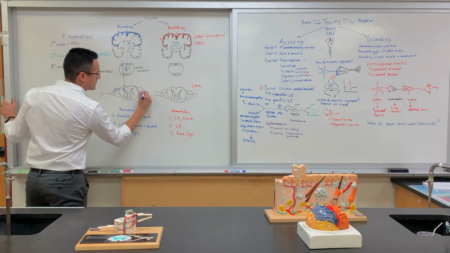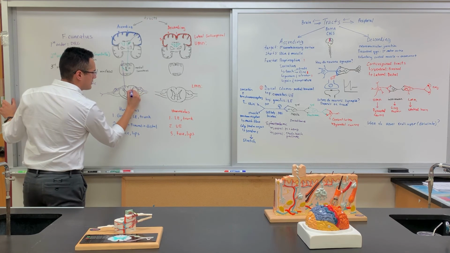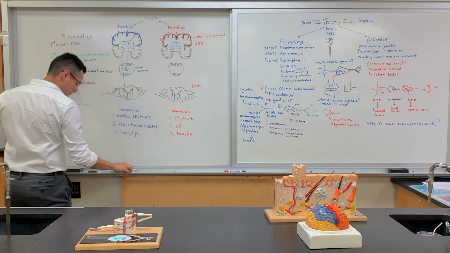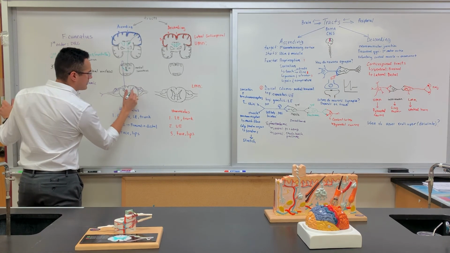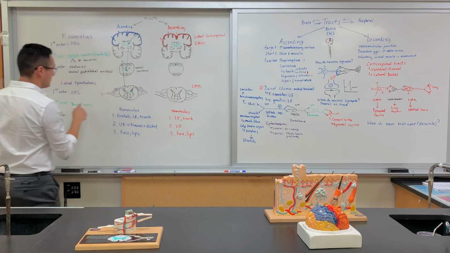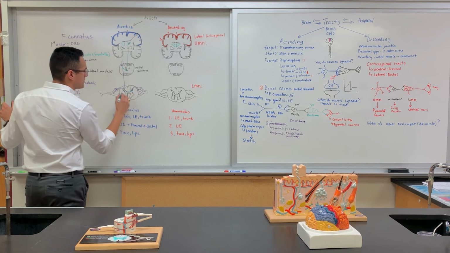So it goes in there this way, goes here, and then it'll synapse right here at the dorsal horn with the second order neuron. So then I'm going to draw it right there. So the second order neuron will decussate, and then it crosses over until it gets to where the lateral spinothalamic pathway is. So then it goes up this way.